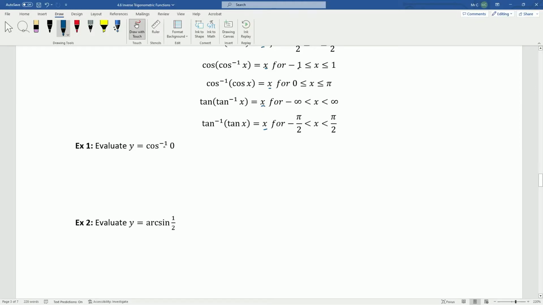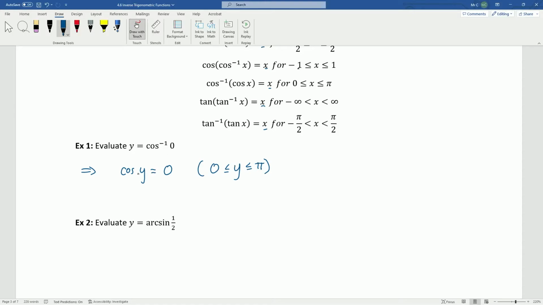Evaluate y equals cosine inverse of 0. So y equals cosine inverse of 0 means cosine of y equals 0 under the condition that y is between 0 and pi. And that's the key thing that will cause students to make mistakes, is they don't think about the condition here.